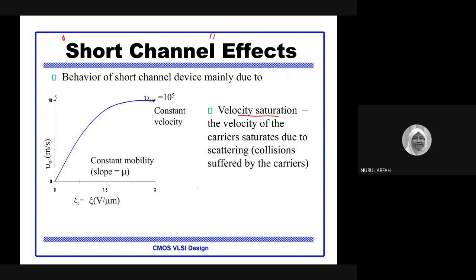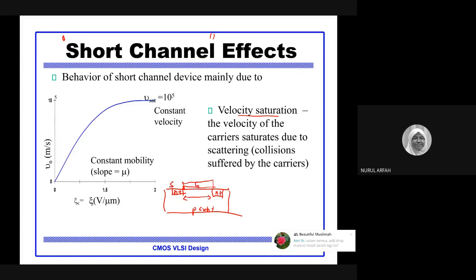If we go back to our cross section of this transistor, we have the N well here and the well over here, and we have the P substrate. Over here we have the oxide layer and the gate. In between the source and the drain is the length, the channel length of your transistor.